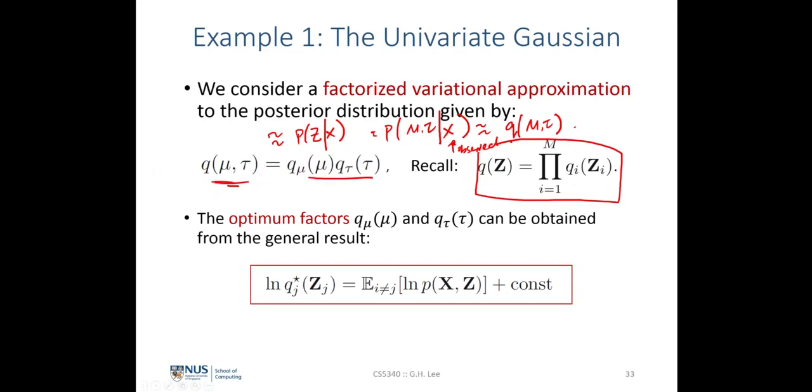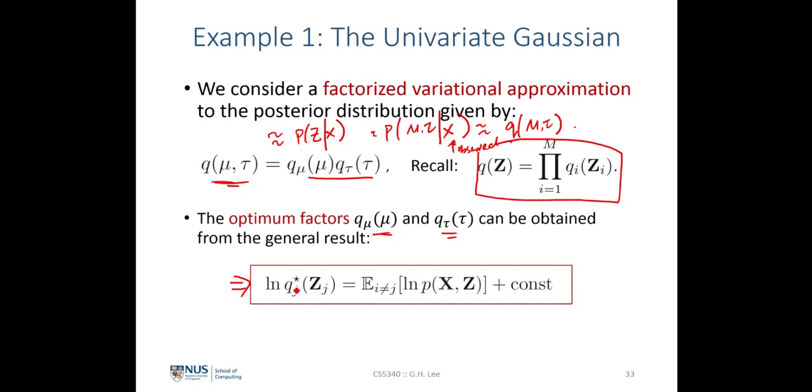And we also know that after we have derived the optimal solution that maximizes the lower bound or minimizes the KL divergence between the target and the proposal distribution, the optimal factor of this q over here of our proposal distribution is simply given by the generalized result in this expression over here.